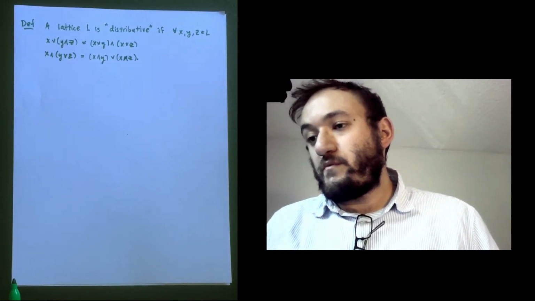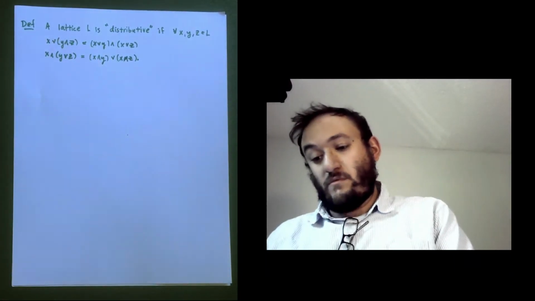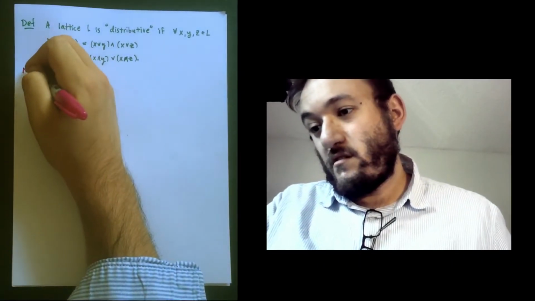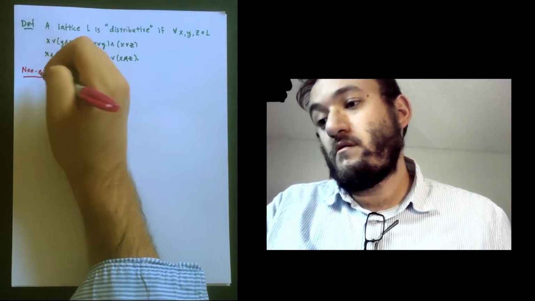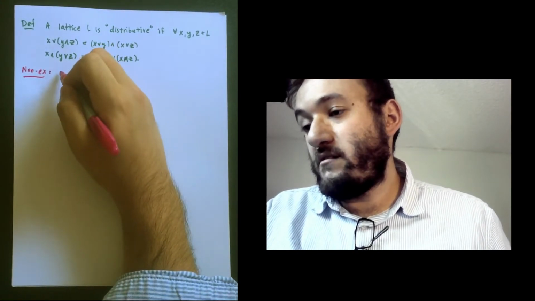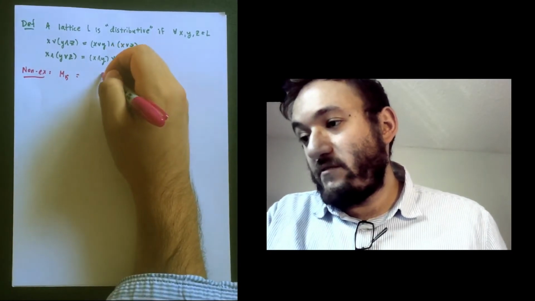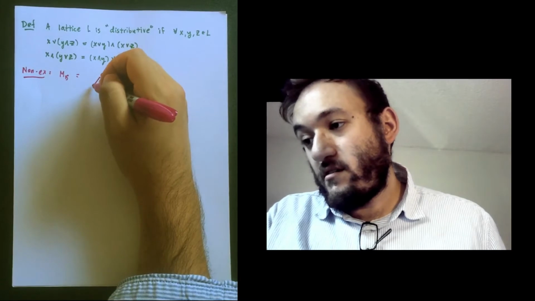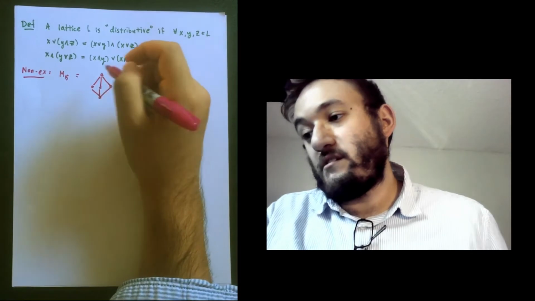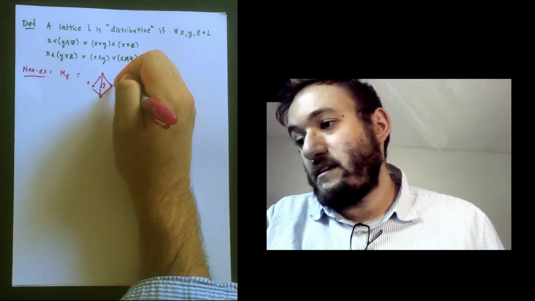So a non-example for this property would be if you take the lattice often called M5 in the literature, and that's given by 3 incomparable elements with a 0 and a 1. This is our x, y, and z.